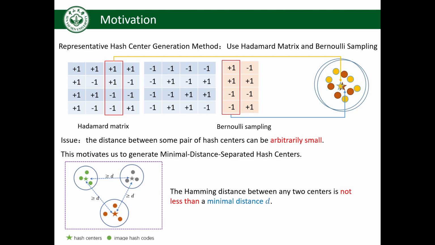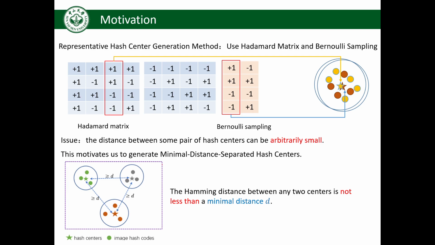Recently, the representative hash center generation method like CSQ uses a Hadamard matrix and Bernoulli sampling to construct hash centers. However, such construction methods have an issue that the distance between some pair of hash centers can be small. For example, the Hamming distance between the hash codes in the third and ninth columns in the figure is 0.